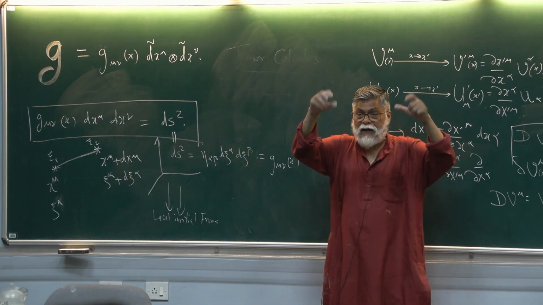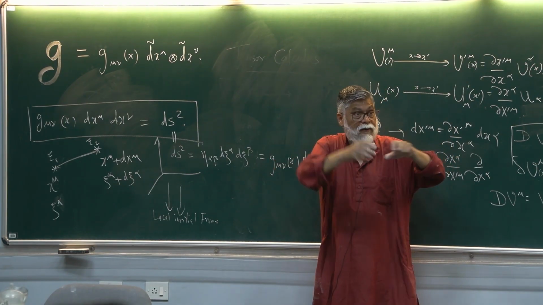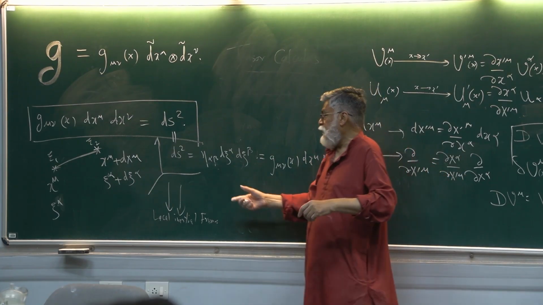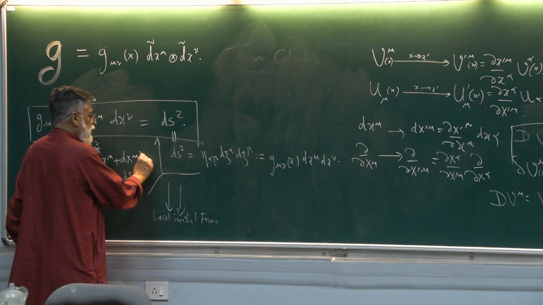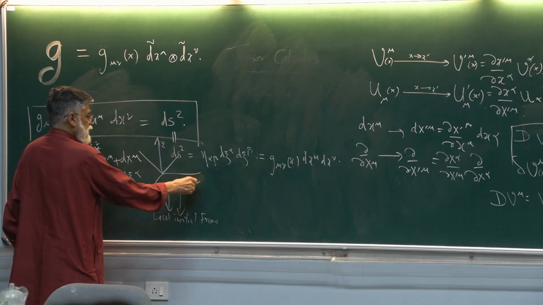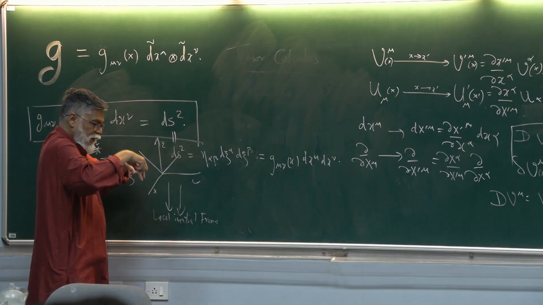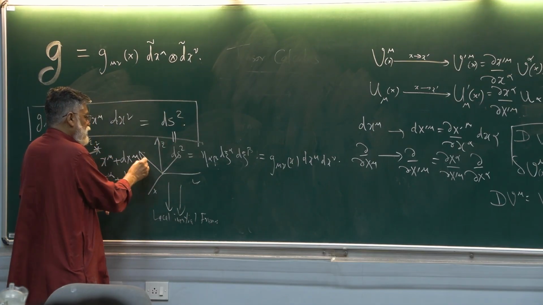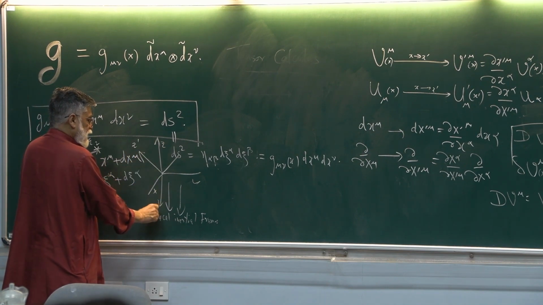It turns out that this local inertial frame is not unique. The freely falling frame, which is your local inertial frame, is not unique. Why? Because my friend who is also freely falling could rotate his coordinate system. My x, y, z is this, but my friend, who is also freely falling with me at the same point, might choose a coordinate system which is rotated with respect to me.